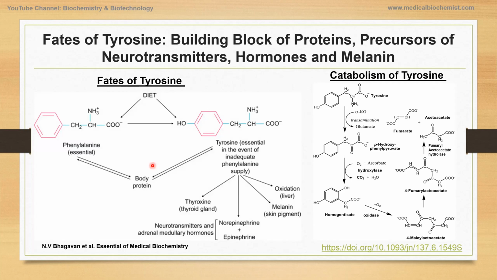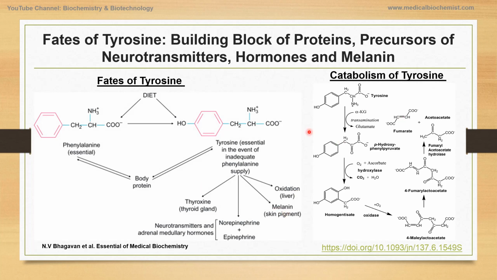In addition to that, once the phenylalanine is converted into tyrosine, it can also go to other pathways such as thyroid hormone synthesis, neurotransmitter and catecholamines, melanin synthesis, and the oxidation in the liver.